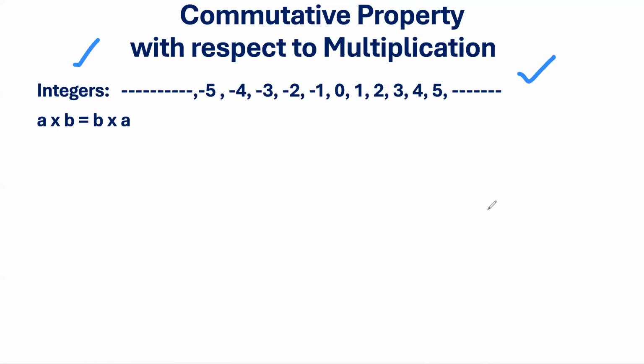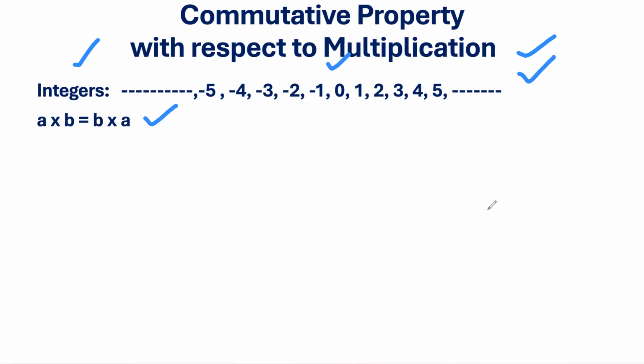Minus infinity is this side and plus infinity is this side, and -5, -4, -3 until here 3, 4, 5 and 0 is in the middle. These are the examples of integers. Now we will take a multiplied by b. This is called commutative property with respect to multiplication. A multiplied by b should be equal to b multiplied by a.